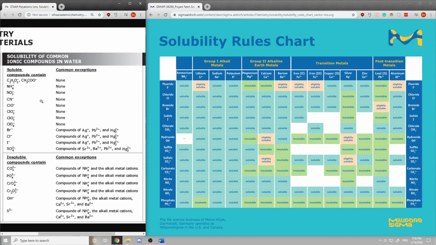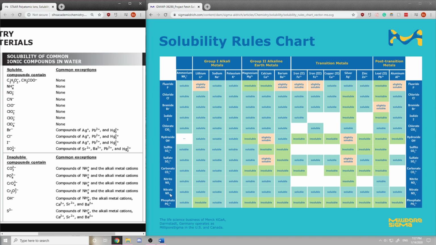On the top, this is a list of ions that no matter what you have them bound to or have an ionic bond to, they will always be soluble, no matter what. One of the examples we use is nitrate. If you look on the right, these are just lists of ions on the X and Y axis.